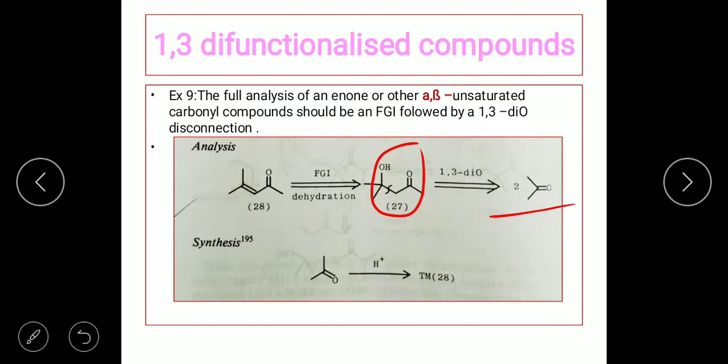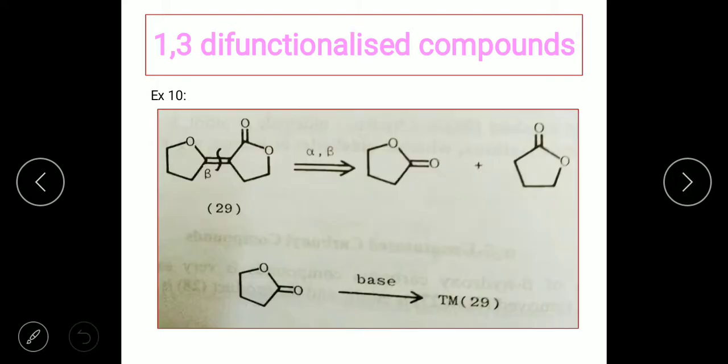You're going to disconnect after the carbon atom having the hydroxyl group, and hence you're going to get acetone as the starting materials. Now in the presence of an acidic medium, you are going to obtain the target molecule 28. So this is how you are going to write down the synthesis for the target molecule 28.